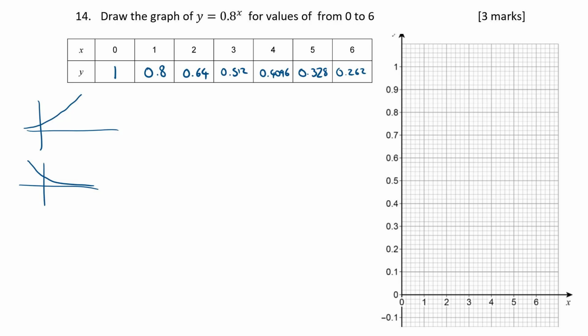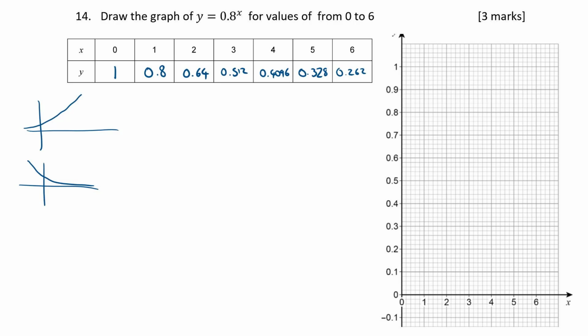So I'm going to plot this then. Quite a big scale for y. It starts at 1 at the top there, look. So when x is 0, y is 1. Let's just zoom out a bit so I can see my values and my graph. So when x is 0, y is 1.